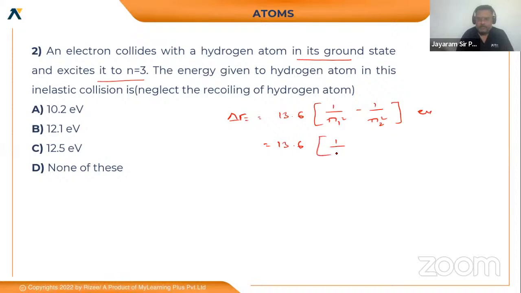For the excited state to the ground state, it means 1 by 1 square minus 1 by 3 square, that is 1 minus 1 by 9, so 13.6 into 8 by 9. On solving this, we should be getting somewhere around 12, most probably 12.1 electron volts. You can go for the multiplication and cross check.